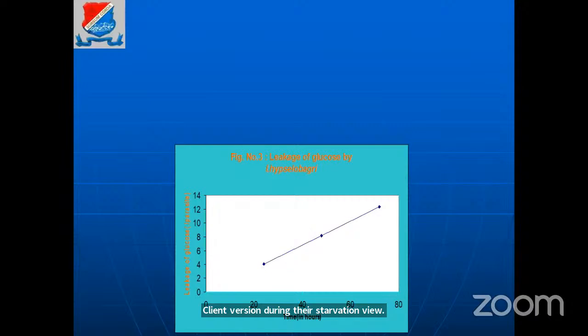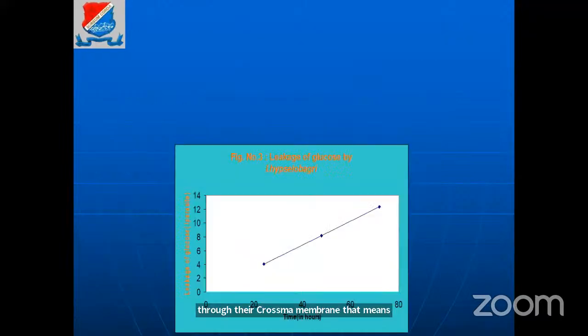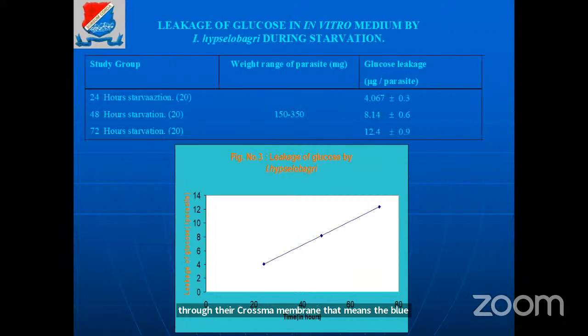Now, if they utilize glucose and glycogen during the starvation period, we also found that in the culture media they release glucose through their plasma membrane. That means glucose leakage is also taking place. When we studied that, taking the culture media, we could find some glucose is secreted or leaking from the parasite.